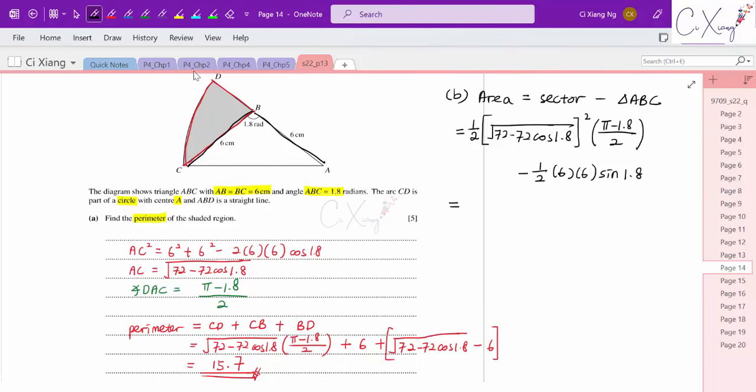Again, simplify all the terms by using the calculator. Your final answer for the area of the shaded region will be 12.1.